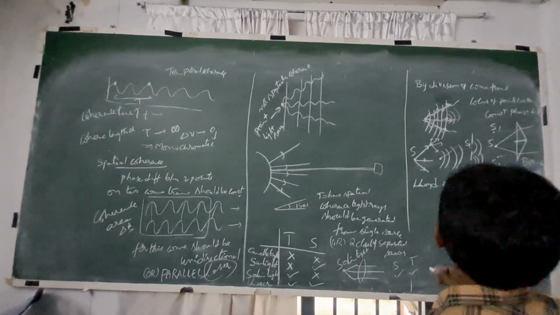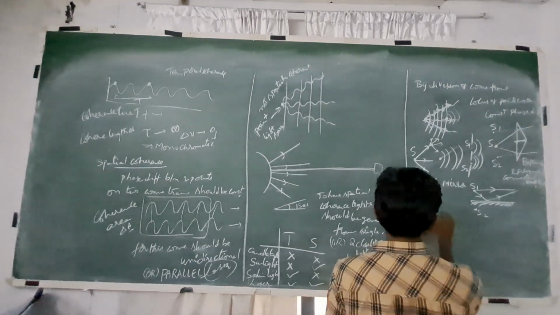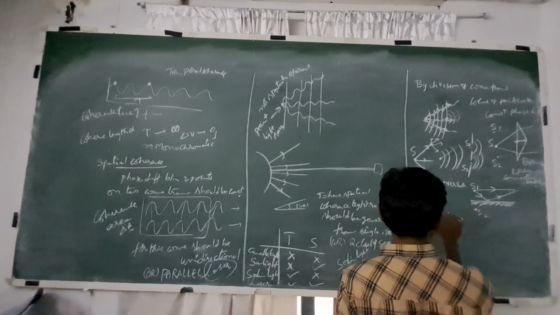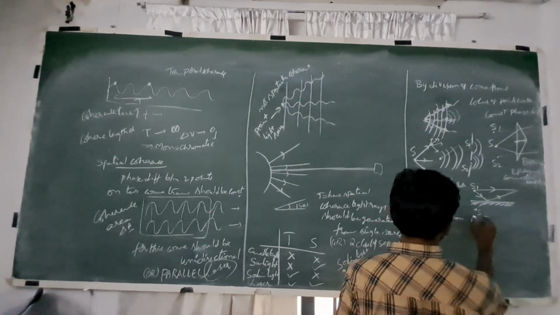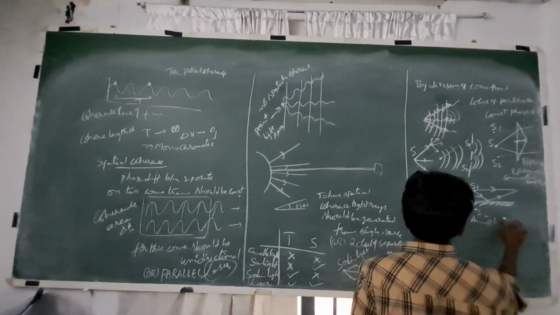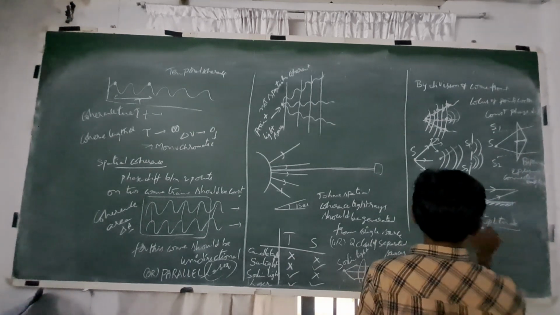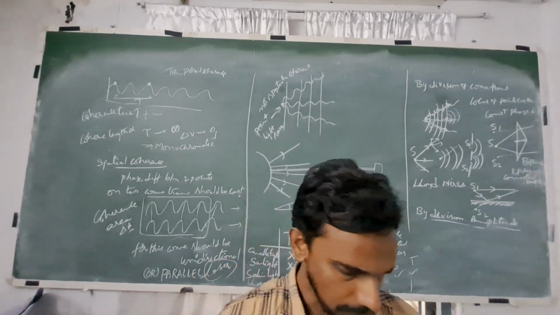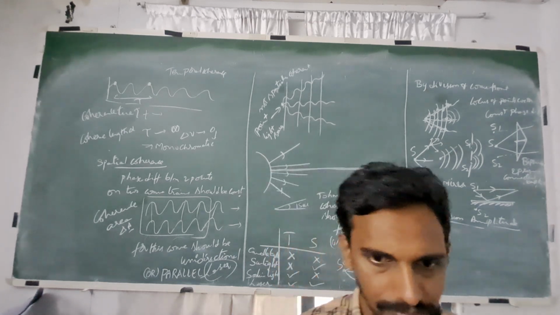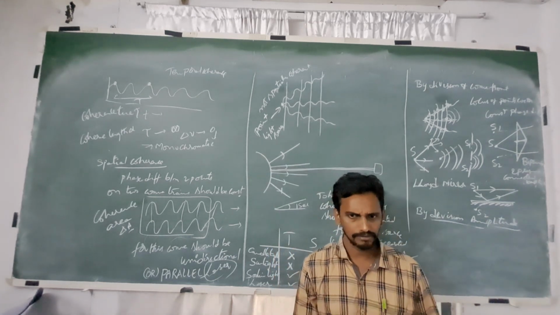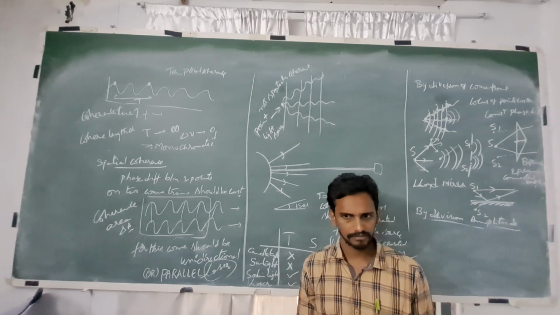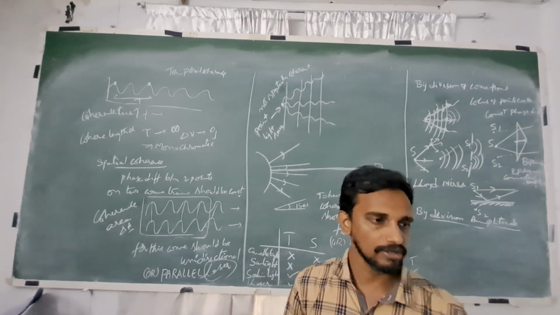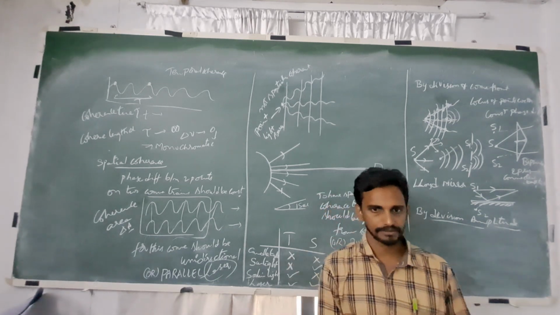So next one is by division of amplitude. Then how to divide amplitude? What is amplitude? So when you have constructive interference, amplitude increases.